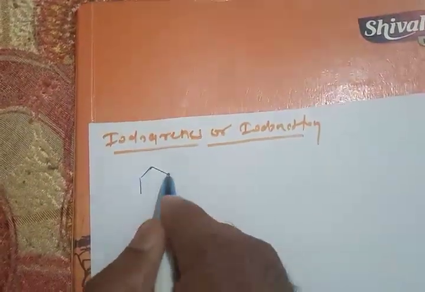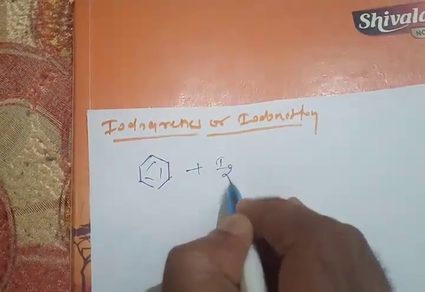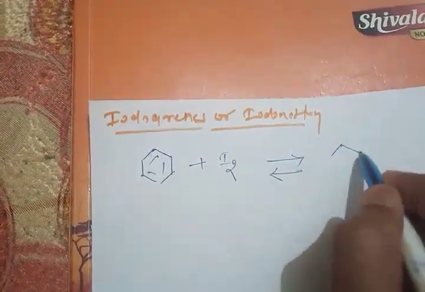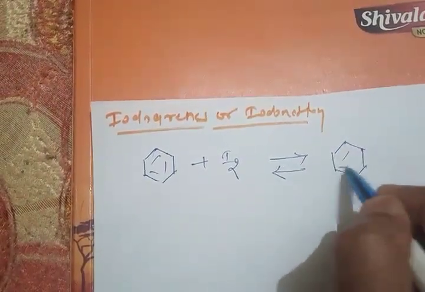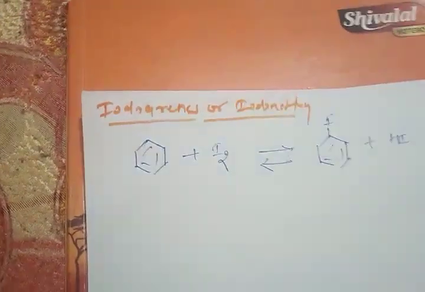Let's write the reaction. So this is benzene and iodine, and this reaction is reversible. Iodobenzene formation is possible, no doubt about that. It will be formed, but the reaction is reversible, and that is the problem.